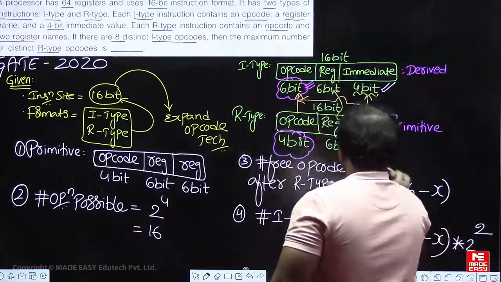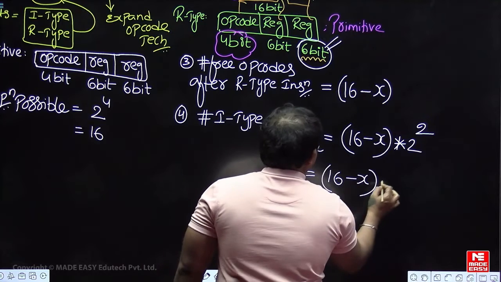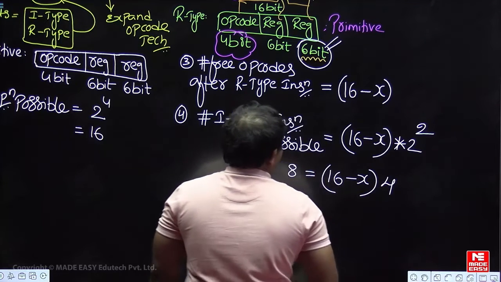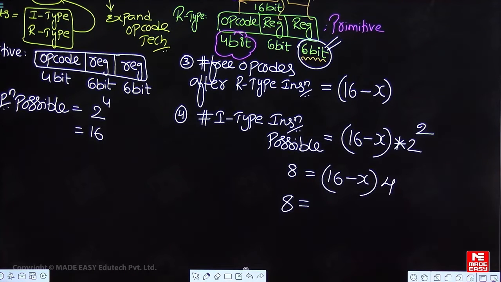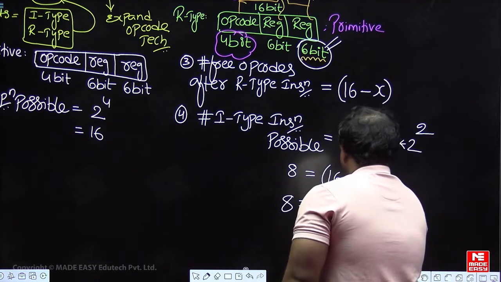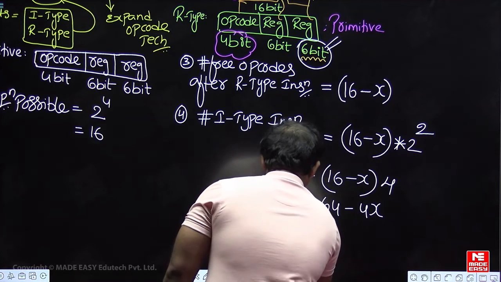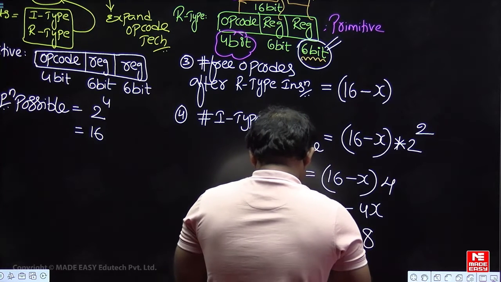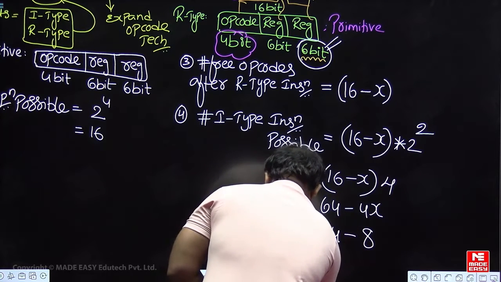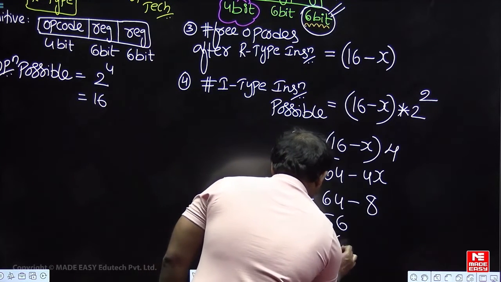So 8 equals (16 minus X) times 2 power 2, that is 4. Correct? So simplify the equation: 16 times 4 is 64 minus 4X. 4X is equal to 64 minus 8. So 4X is equal to 56, right? So X equals 56 divided by 4.